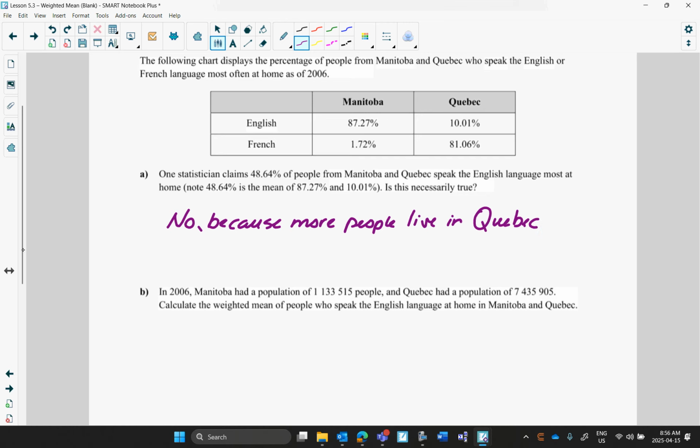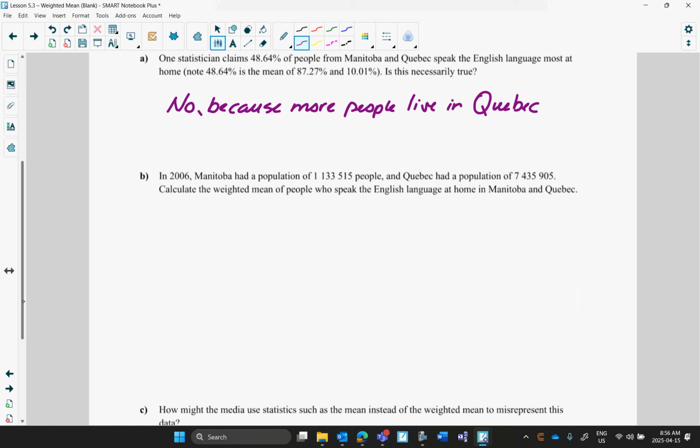So in 2006, these are the populations of both provinces. Little over 1.1 million in Manitoba, almost 7.5 million in Quebec. Okay. Now we want to calculate the weighted mean of people who speak English at home in Manitoba and Quebec. So the weighted mean is we have to take the data value for each province.